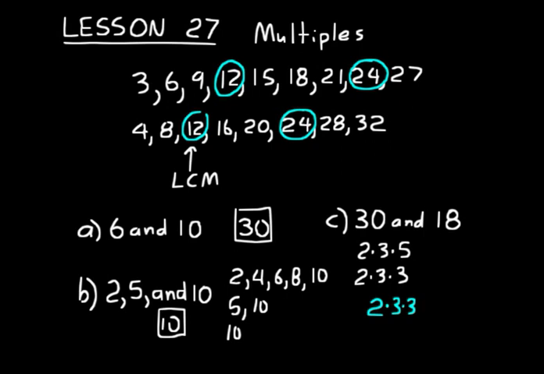That's another factor that those two numbers have, so we need to use that one as well. They don't have to both have those factors to use them in the least common multiple. You use all of the prime factors that you see, and when both of them have the same prime factor and one of them has it more times than the other, you use the one that has it more times. You write it down that many times. And here we have 2 times 3 times 3 times 5, or 6 times 15. That would equal 90.